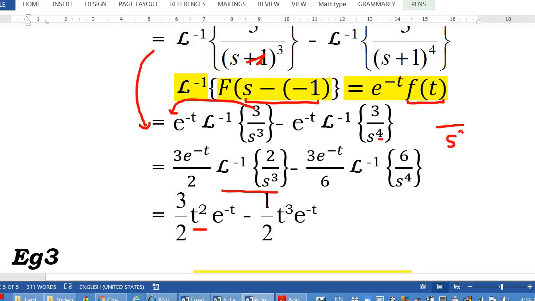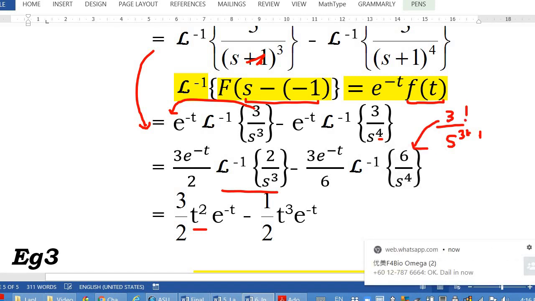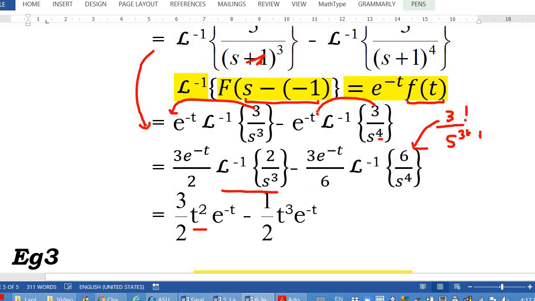So you multiply by 6, and you have to divide by 6. The 3 you factor outside of the inverse Laplace symbol. So 3 e^(-t) divided by 6, because you multiplied by 6. The inverse Laplace of 6 over s to the power of 4 gives t cubed. Then you simplify: 3 over 6 is half. So you get half t cubed e^(-t).